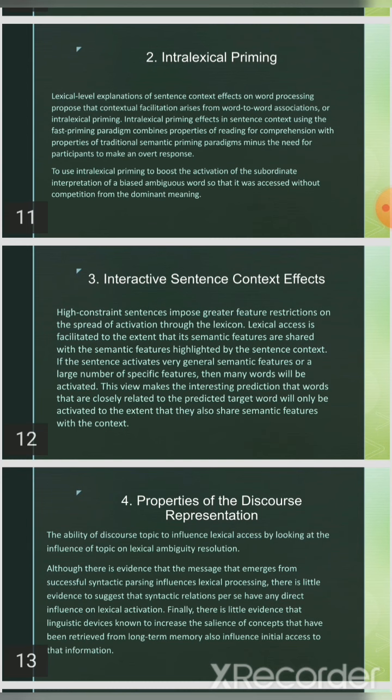Intralexical priming effects in sentence context using the fast priming paradigm combine properties of reading for comprehension with properties of traditional semantic priming paradigms, minus the need for participants to make an overt response. Intralexical priming was used to boost the activation of the subordinate interpretation of a biased ambiguous word so that it was assessed without competition from the dominant meaning.